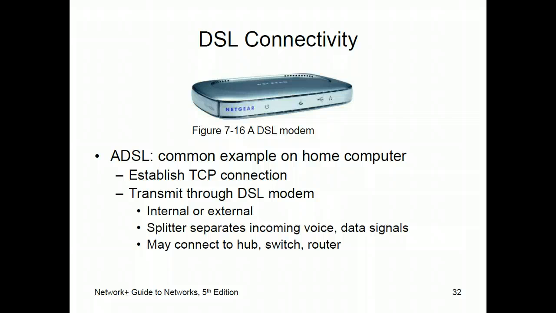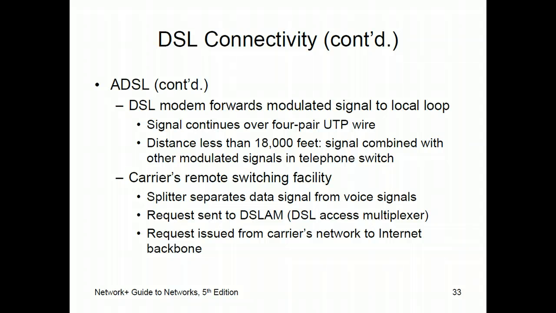Establishes a connection, transmits the DSL modem, internal or external. The splitter separates the incoming voice and data stream, may connect from there to another hub, switch, router, and real popular, Netgear was.